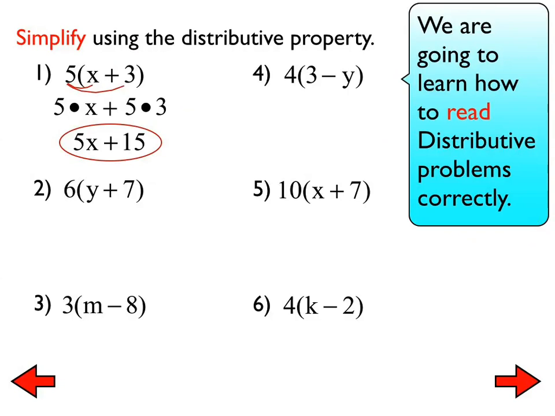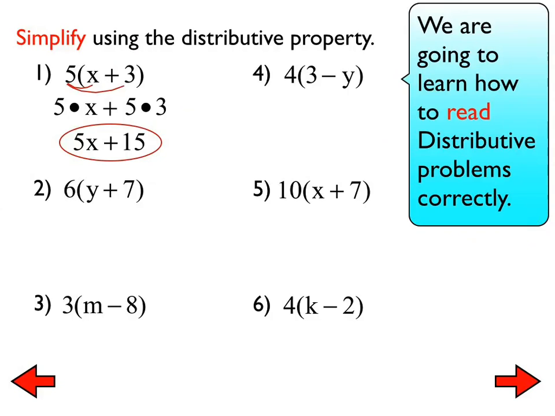All right, who has it? All right, well then say it along with me. 6 times the quantity of y plus 7. So that's the original problem. 6 times the quantity of y plus 7. All right? So Ella, what does that equal then? 6y plus 42.